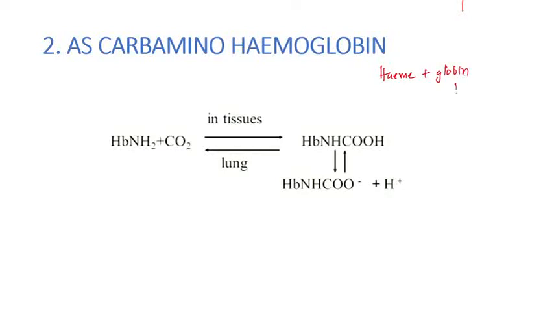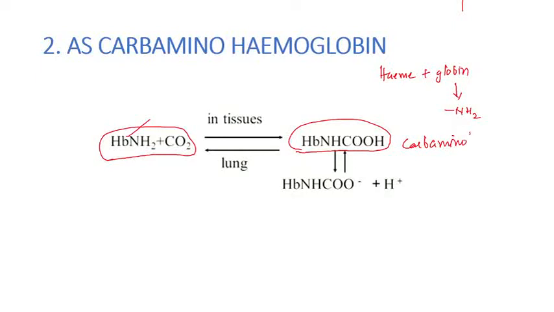Globin has abundant amino groups, that is NH2. The carbon dioxide is going to combine with those amino groups. Here you can see the combination of carbon dioxide and the amino groups from hemoglobin. The amino group from hemoglobin is designated as HbNH2. In the tissues, they combine together and form this compound, known as carbaminohemoglobin.